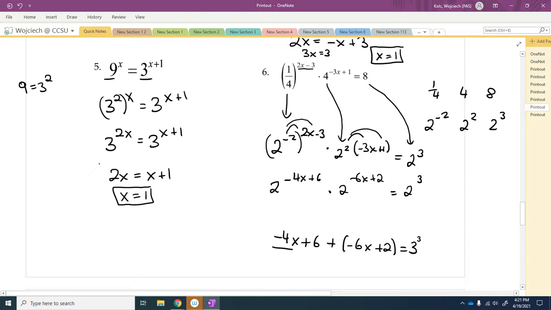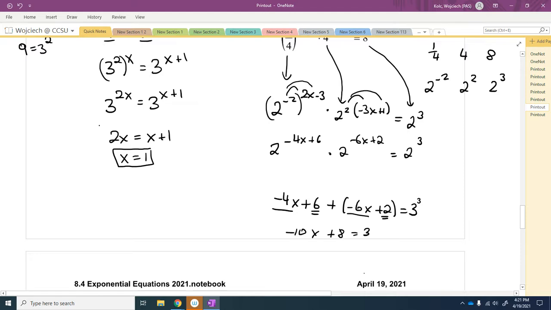Let's combine like terms. Negative 4x and negative 6x is negative 10x. 6 and 2 is 8, so negative 10x plus 8 is equal to 3. Okay, minus 8, so you get negative 10x equals negative 5. Divide by negative 10, the answer is negative 5 tenths. Negative 5 over negative 10, and if you simplify, x is equal to 1/2.